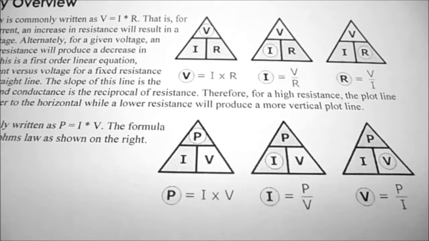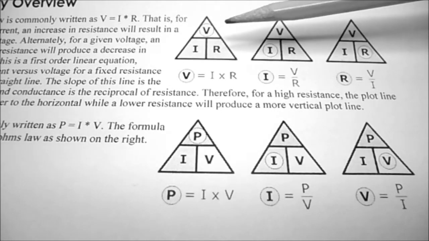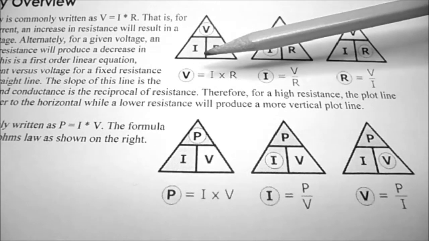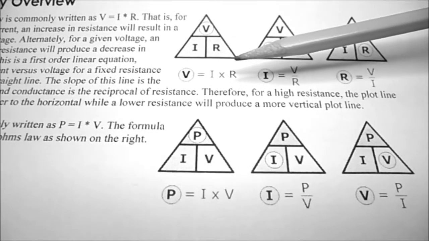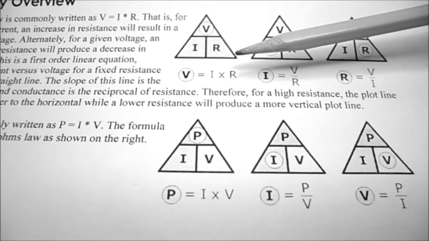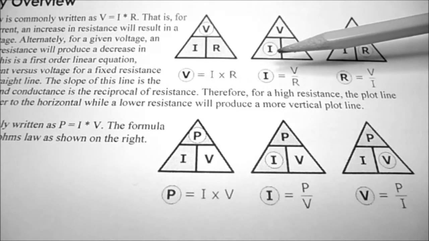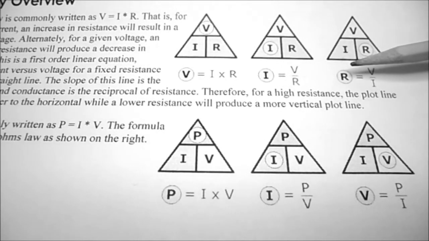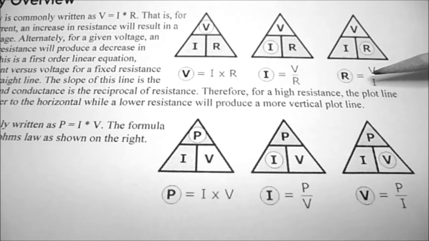So on the front of your page, I've gone out on the internet and I found these nice little graphics for you. You can see that V is equal to IR, which is how it's commonly written. You can rearrange the formula for I equals V over R, or you can solve for R if you know what V and I is.